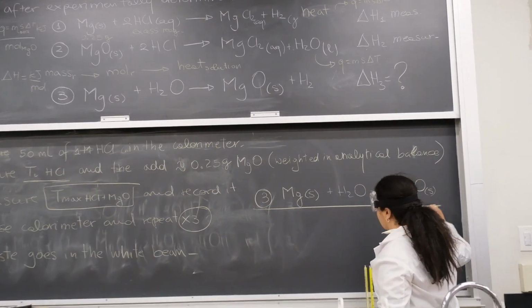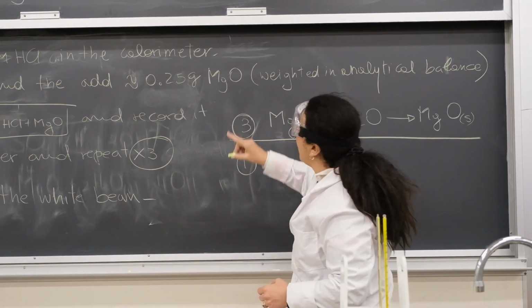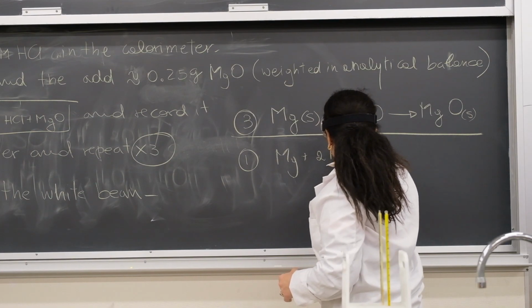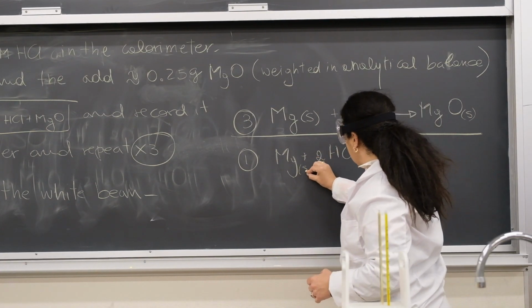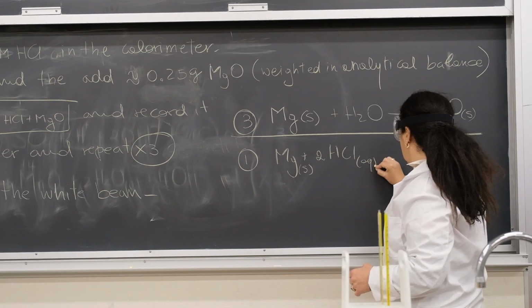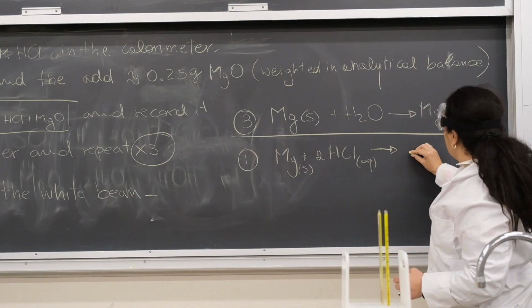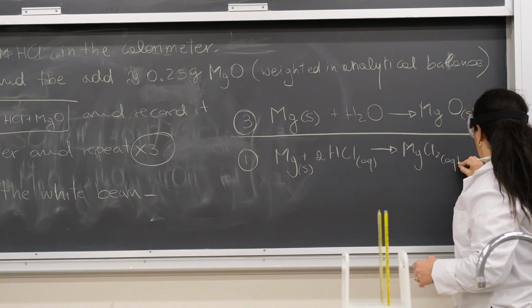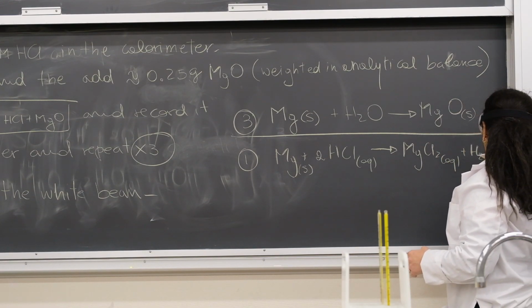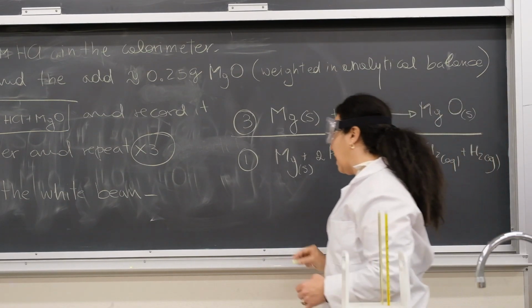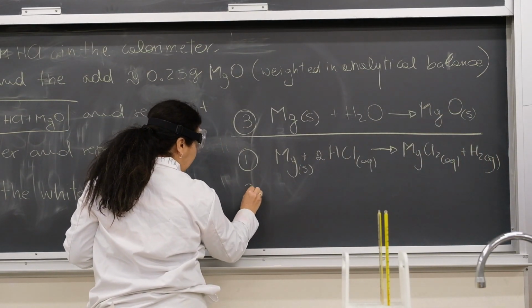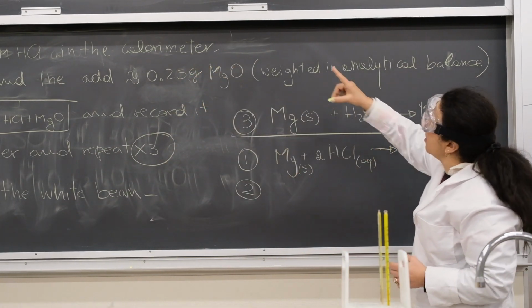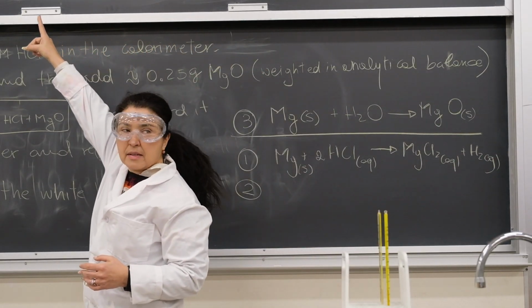To obtain this reaction, I'm going to write reaction number 1 as it is. Magnesium plus 2 molecules of hydrochloric acid, aqueous, gives magnesium chloride, aqueous, plus hydrogen gas, gas, excuse me. For the second one, I use the reverse reaction because notice that the magnesium here is on the reactant side.